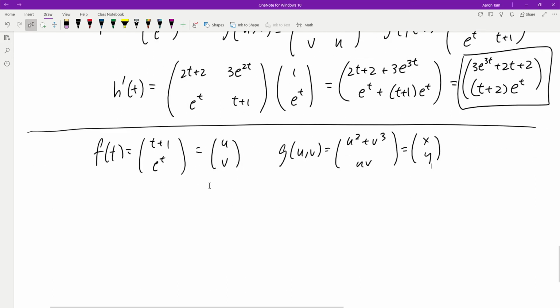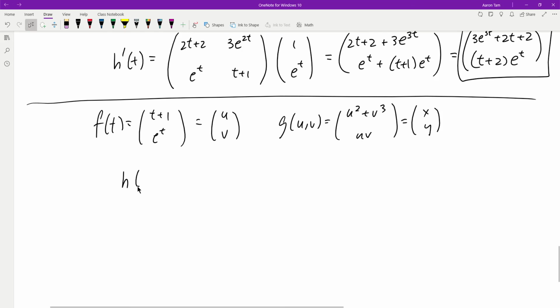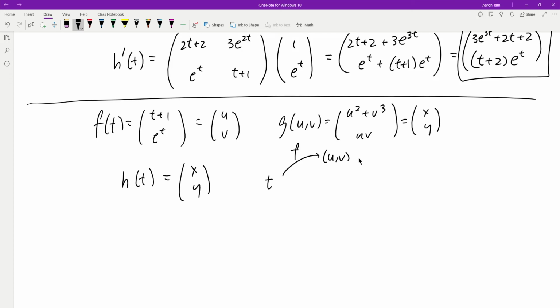And remember, we can now define a composition h of t that gives us xy directly. So in this scenario, we take t through the function f to generate uv, and then through the function g to generate xy, and the composition directly relates t with x and y.